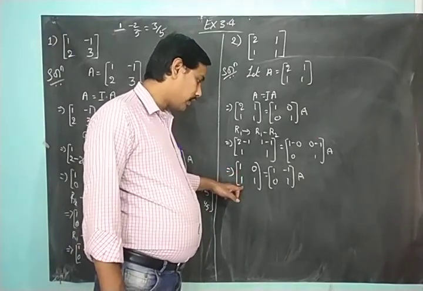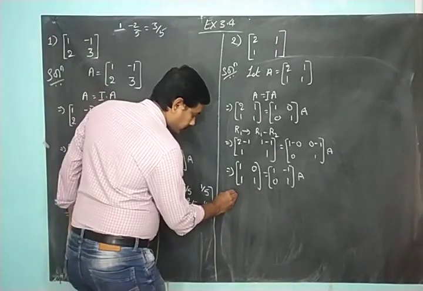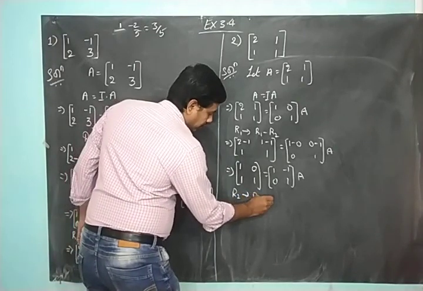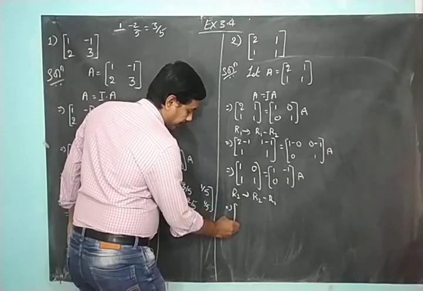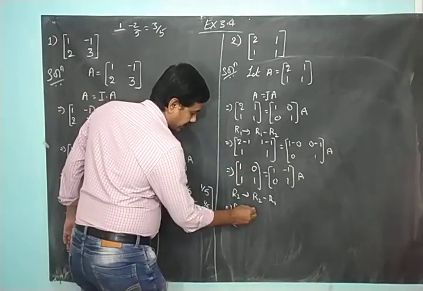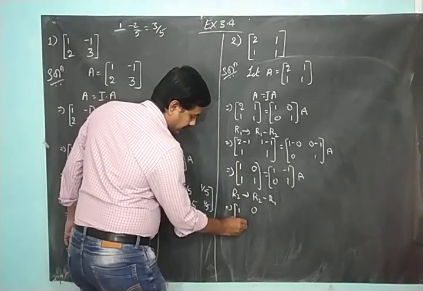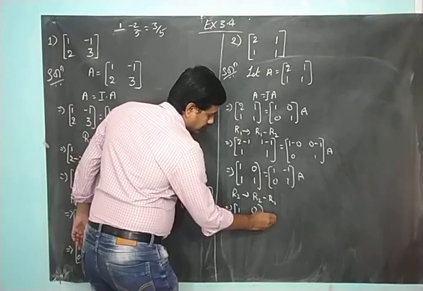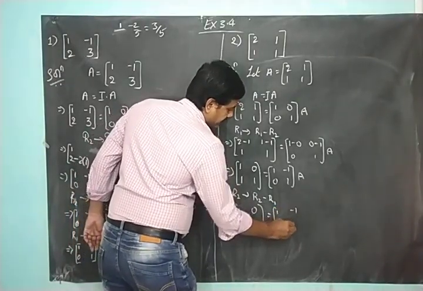So we got 1 here. Now I need to make this one as 0. How to make that one as 0? R2 changes to R2 minus R1. Then what happens? R1 remains as it is. R2 minus R1: 1 minus 1 is 0, and 1 minus 0 is 1. Here also R1 remains as it is.